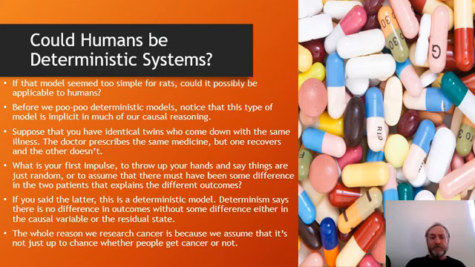And if that feels natural to you, to say that if there are differences in outcomes, then there have got to be differences in the individuals, that's all that this deterministic model is saying. You're not going to get a difference in the outcome without some difference in either the causal variable or the residual state.